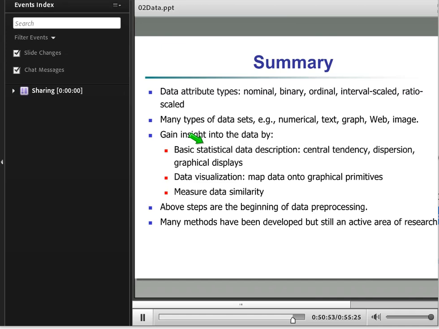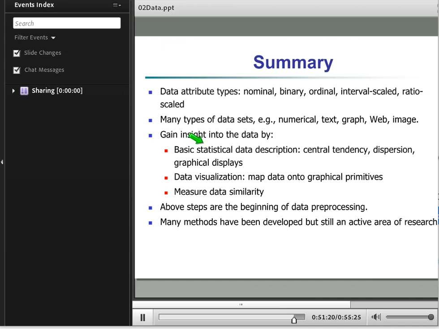Also, we talked about different types of charts and graphs for presentation of data, especially box plots and histograms. And finally, we talked about calculating data similarity.